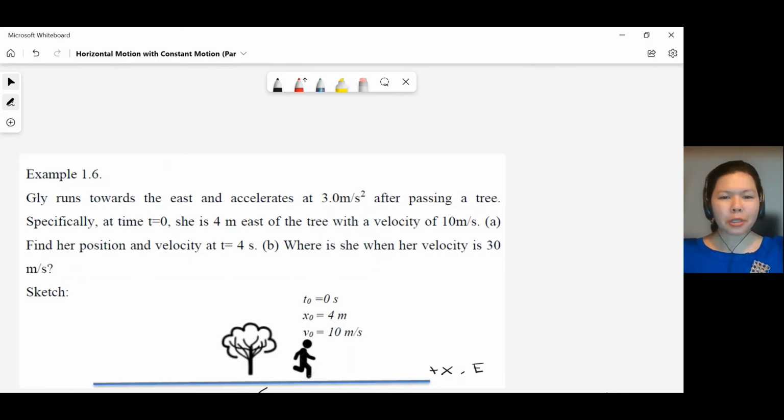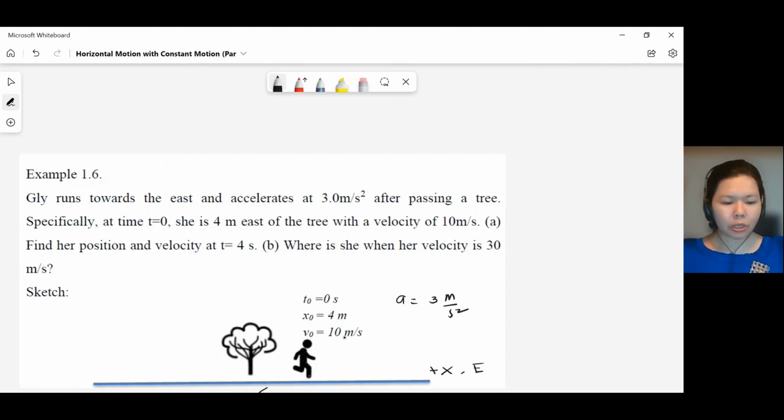We will now solve letter B. Where is she when her velocity is 30 meters per second? So let us set up the given. We have acceleration here is still 3 meters per second squared. And T naught is still 0.